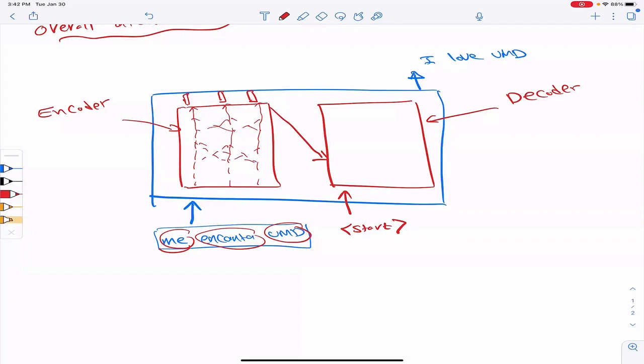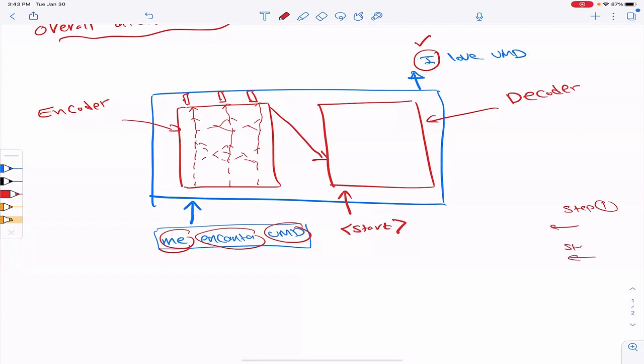And I will generate my first output word from my decoder. In that case, it will be the word I. And then I will use the generated word I as the input for the next step in the decoder. Okay, so I say I generated this token I. Then for the next time, so this is step 1.